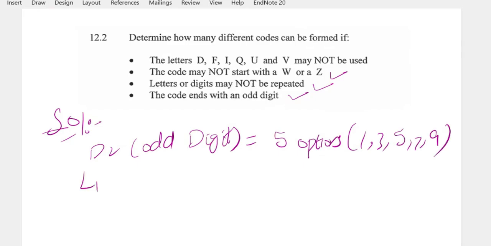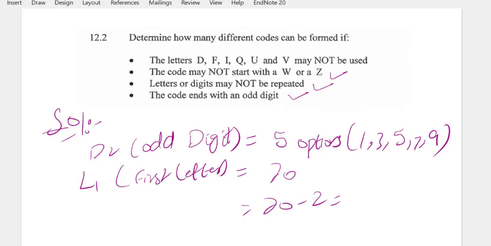And L1 is the first letter. We have the 20 available letters, and 20 minus 2 for W and Z, so we have 18 options left. And D1 is again the second digit.